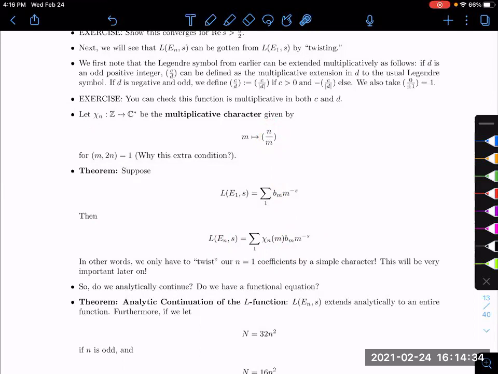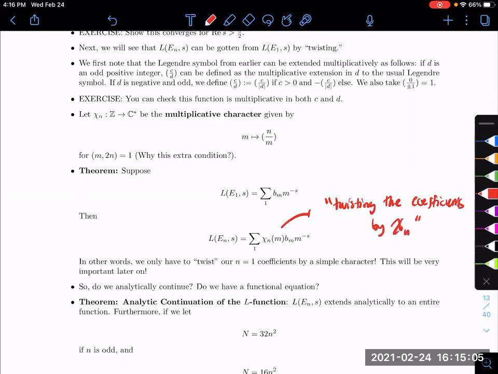And this is huge. We will need this later once we learn enough about modular forms. This is kind of a linchpin, if I'm being honest. If this wasn't true, we might be in some serious trouble here. So this thing that you're doing right here is called twisting the coefficients by a multiplicative character, or twisting the coefficients by chi sub n.